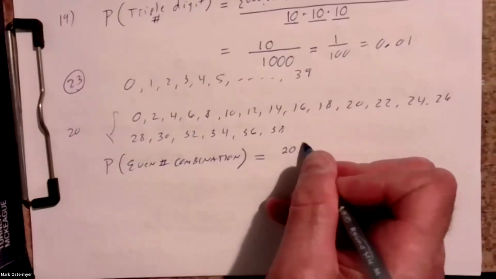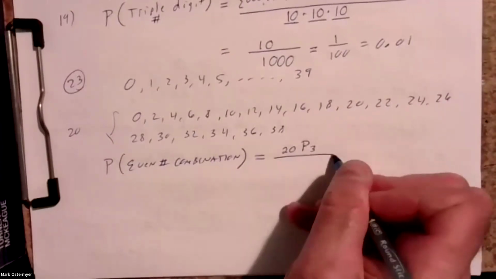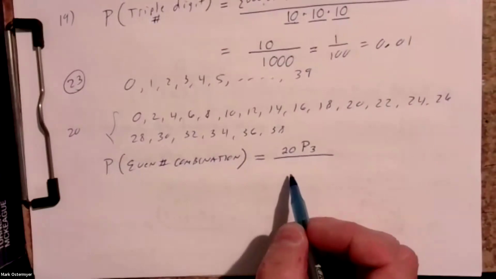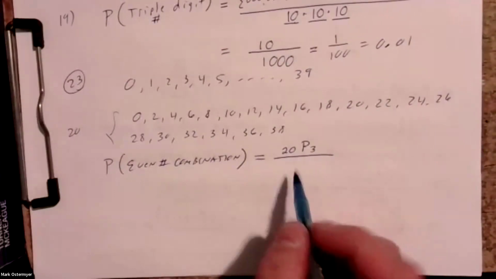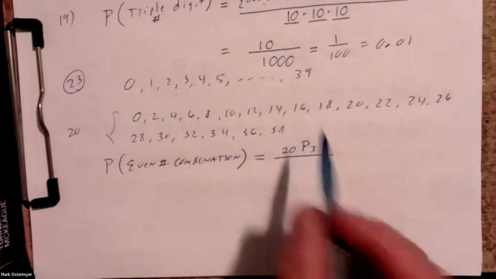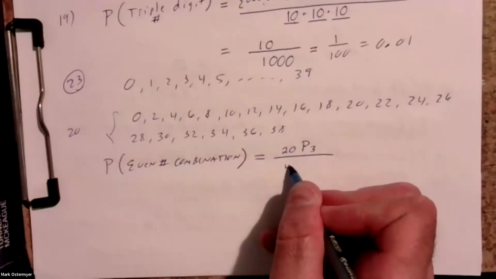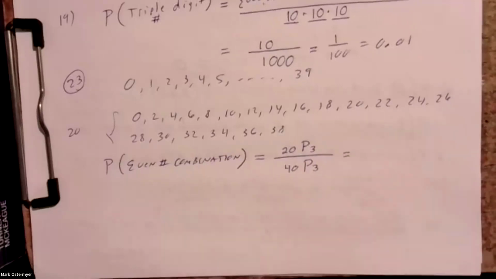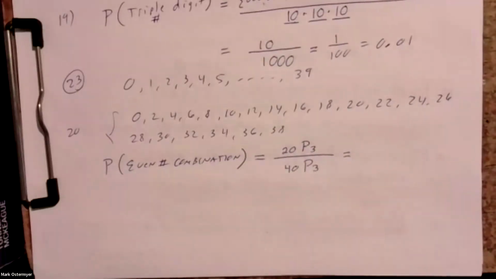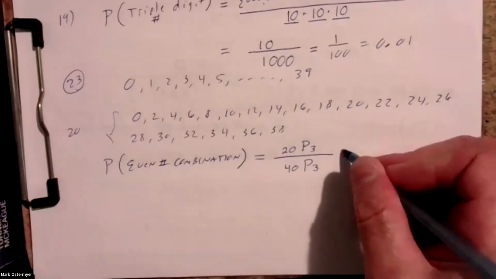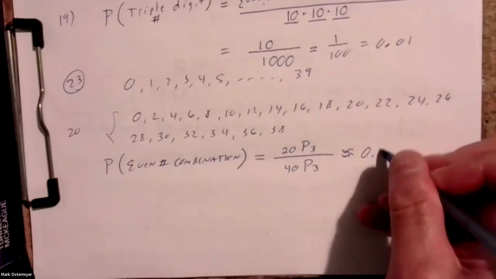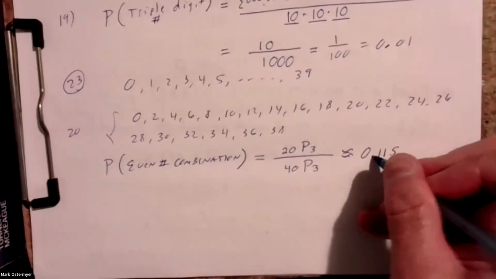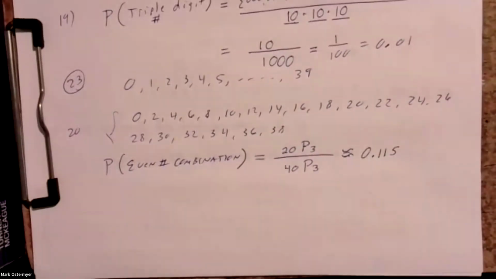That'll be 20 permuted 3 ways, divided by how many ways I can choose 3 numbers from the 40 numbers available for the entire combination lock. If order matters, that'll be 40 permuted 3 ways. This will give you your probability for problem number 23. I already worked it out, and this gives you approximately 0.115. That's your answer to problem 23: 0.115.